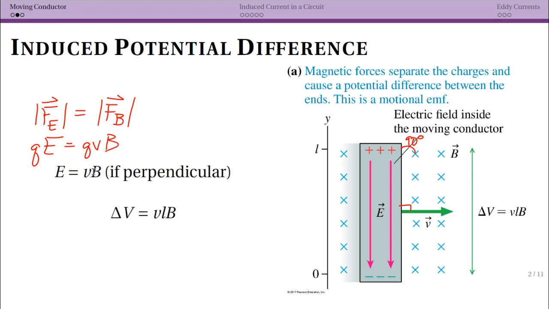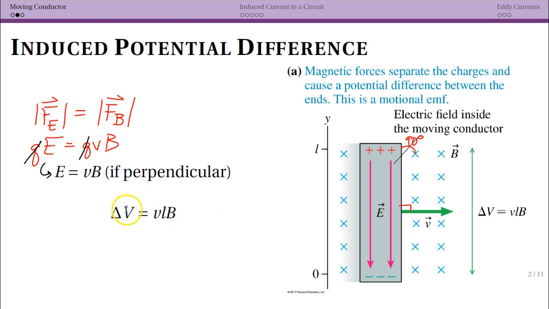So notice that Q itself actually falls out, which is how we get this. So again, this has made the assumption that everything is perpendicular here. It doesn't have to be, but again, it simplifies our analysis to think about the situation in this simplified case. So then we multiply V times B, which was our E, by L to get our potential difference.